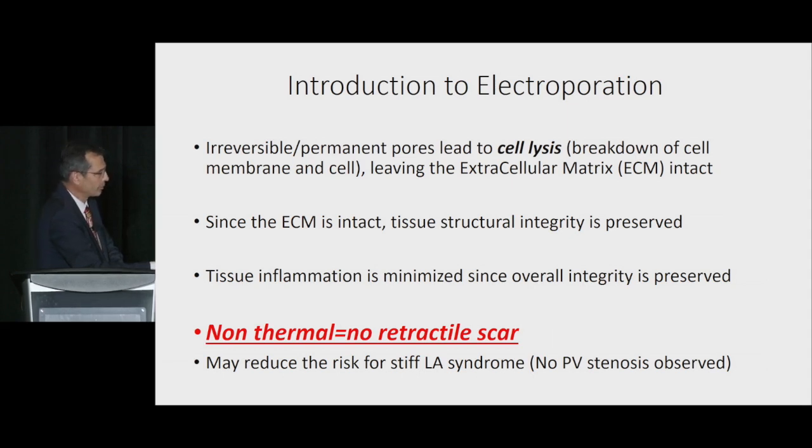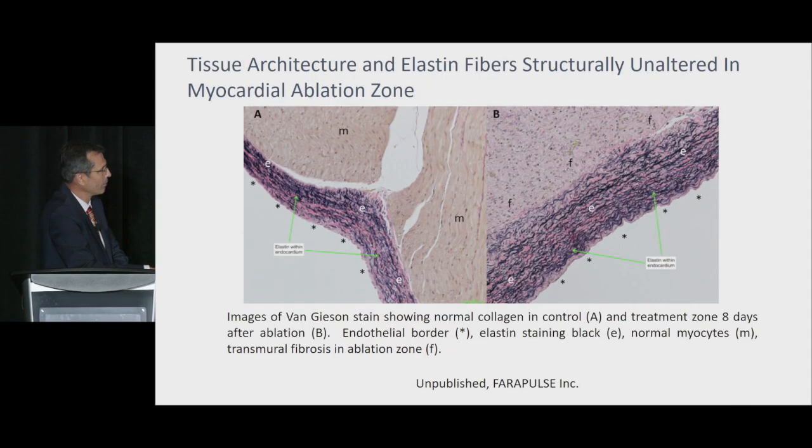Having said that, I don't think that even with electroporation, it would be a good thing to kill every single cell in the left atrium to get rid of atrial fibrillation. It shouldn't be an excuse for that.